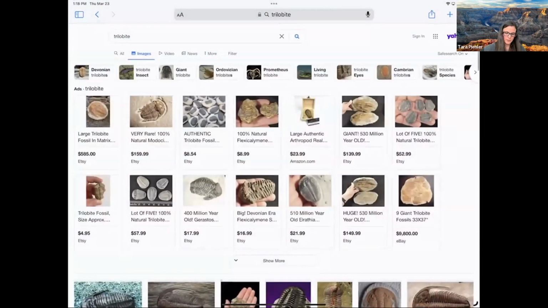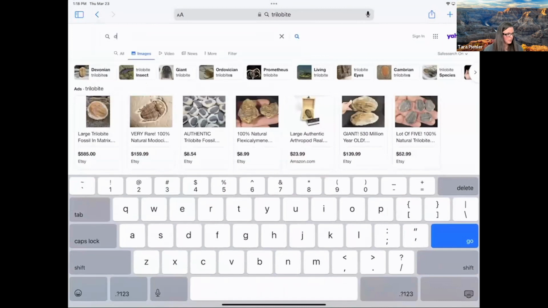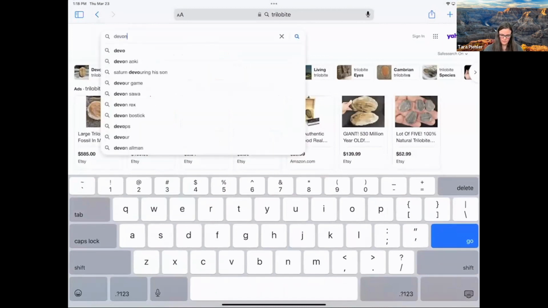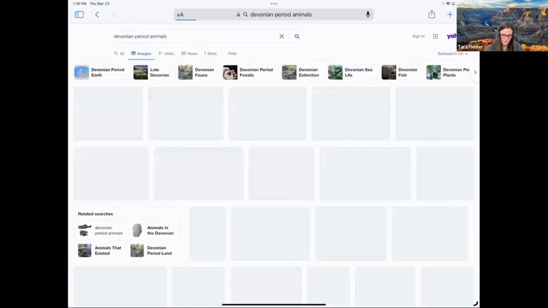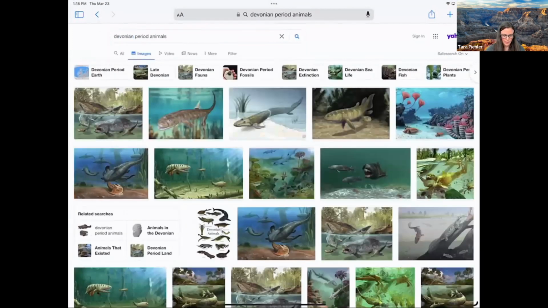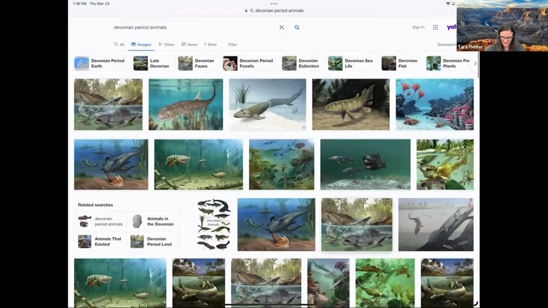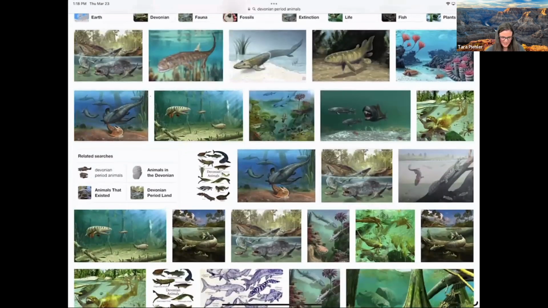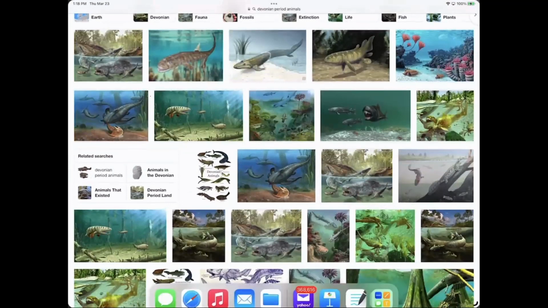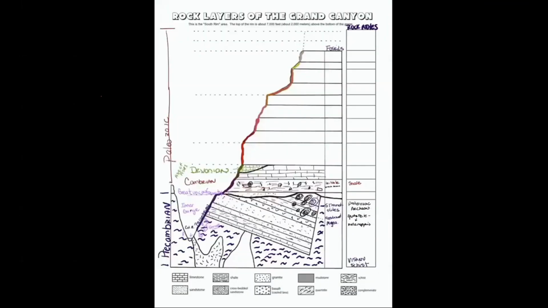So if I look up here are the Devonian period animals. Oh, it's so cute. So however you would like to draw these. It's like an axolotl, but a fish, but a salamander at the same time.